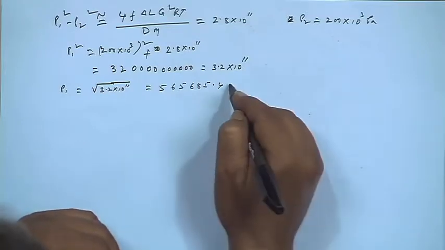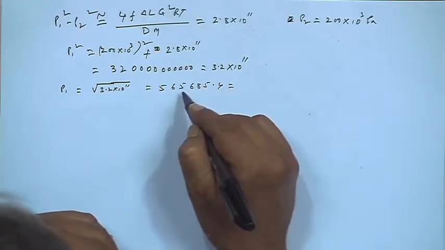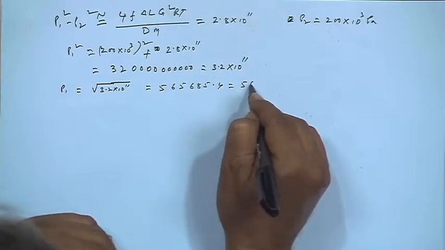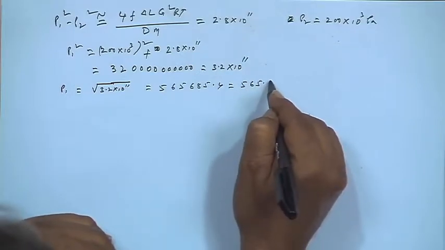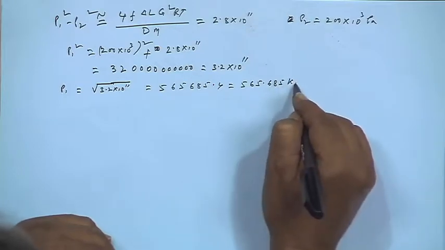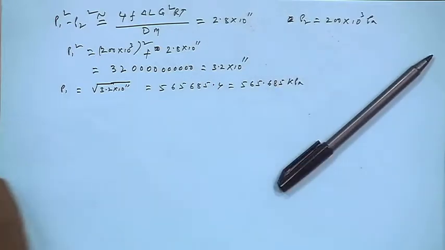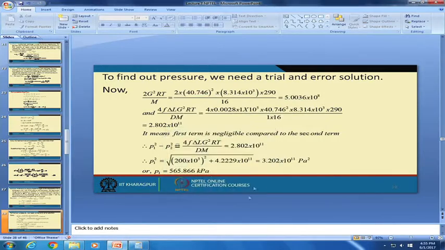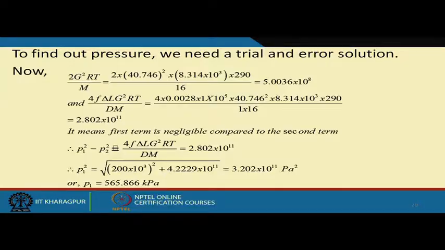So that means this is equal to 565.685 kilopascal. So let us look into how much it was obtained.